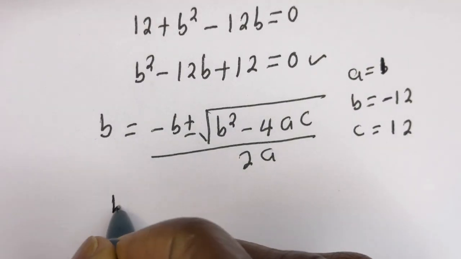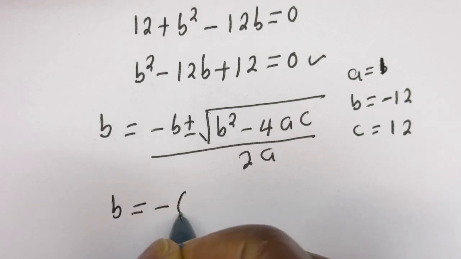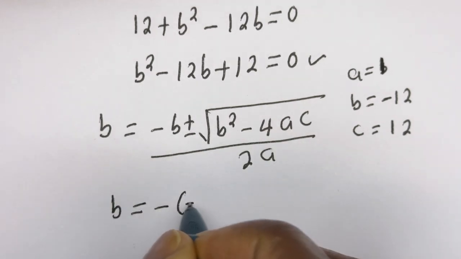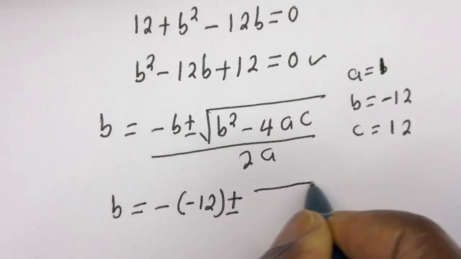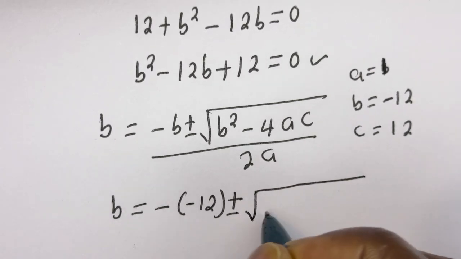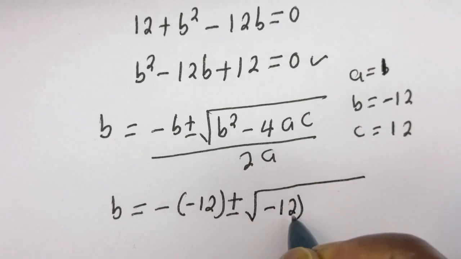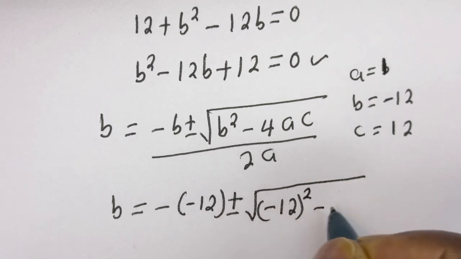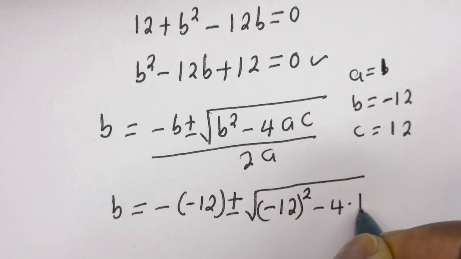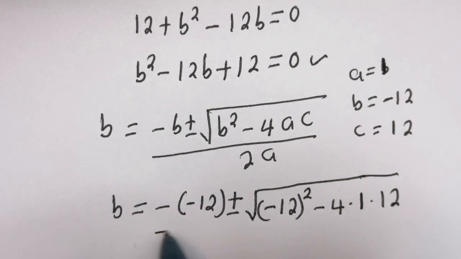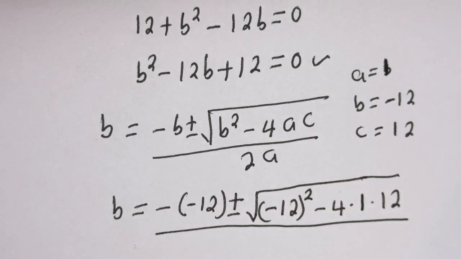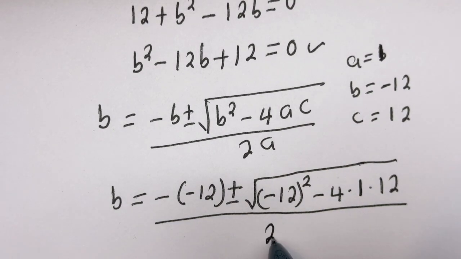Then b is equal to minus bracket minus 12 plus or minus square root of minus 12 all squared minus 4 multiplied by a is 1 multiplied by c is 12, divided by 2 multiplied by a is 1.